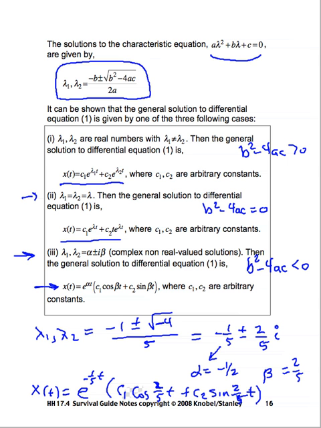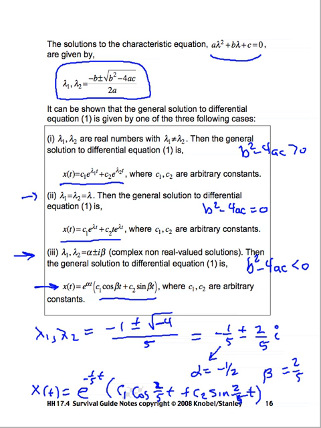So that's what this general solution would look like in my made-up example, just so you had an idea of what we're talking about when we refer to alpha and beta there. So that would be the example. e to the alpha t, c1 cosine of 2/5 t, plus c2 sine of 2/5 t. So that's how you find the solution x of t.